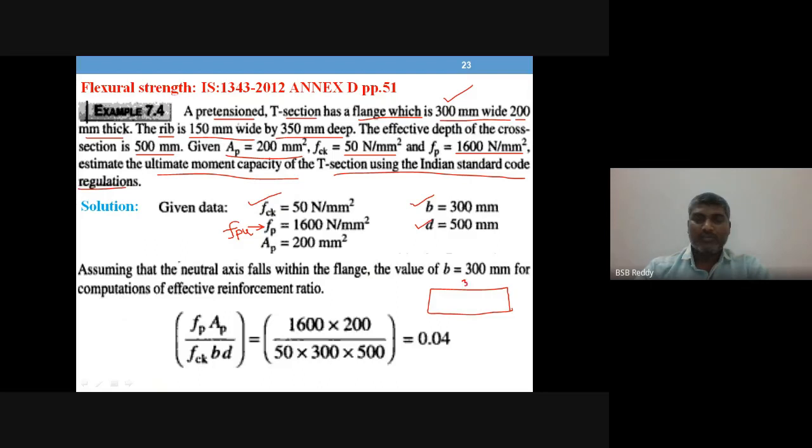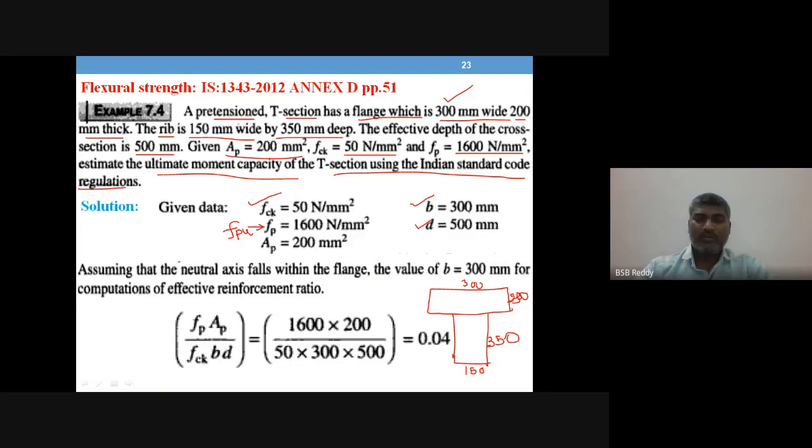So this is 300, this is 200, and this is 150. This is 350.